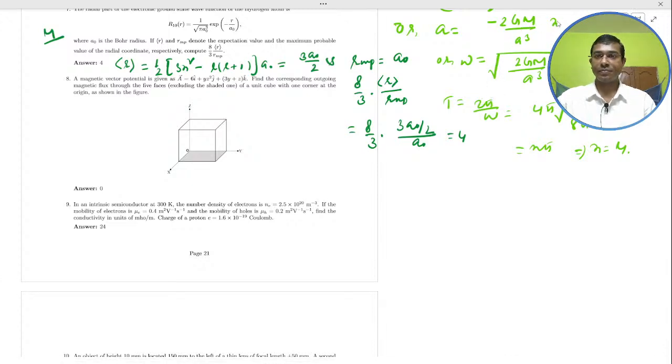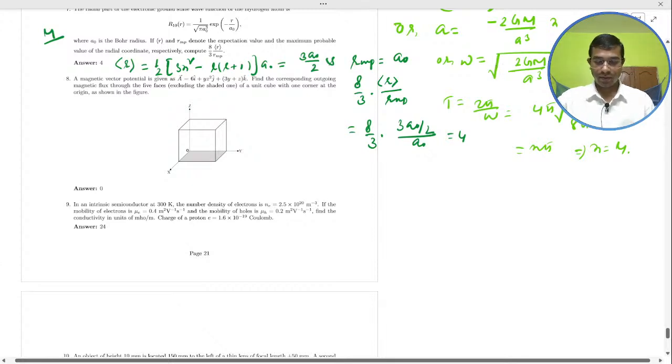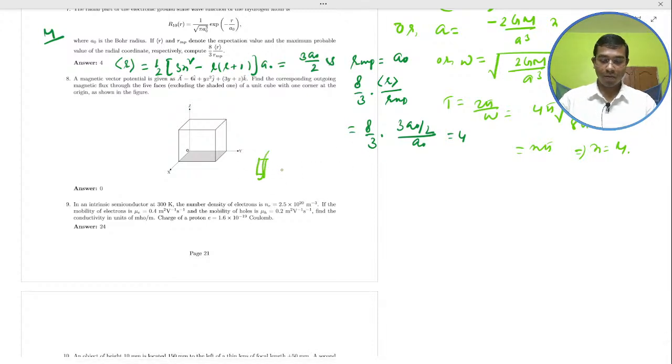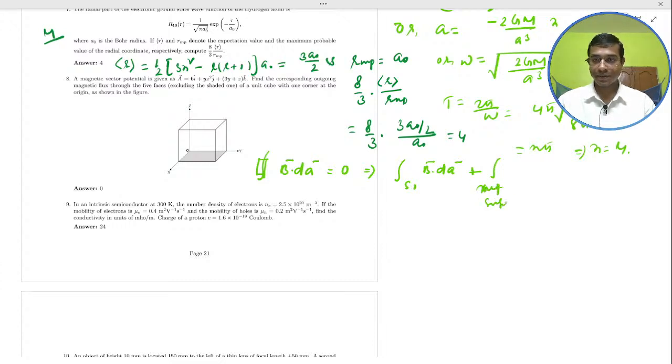Now, that simple surface integral of B dot dA is equal to 0. That implies surface S1 B dot dA plus the rest surface B dot dA is 0.